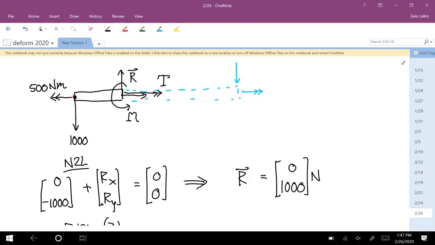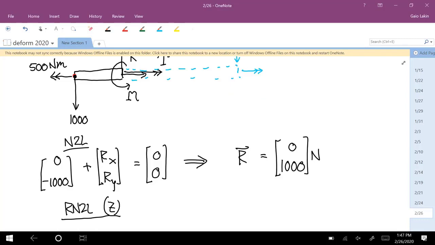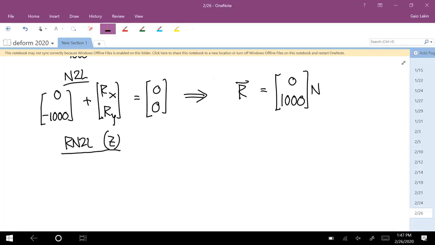Well, there is none. It wouldn't anyway, because its line of action goes right through that about point. The y component does. So we have a force of 1,000 newtons times a moment arm of 0.25. And would that upward 1,000 Newton force make it rotate clockwise or counterclockwise around the about point? Counterclockwise, so that's going to be a positive moment of 0.25 times 1,000.